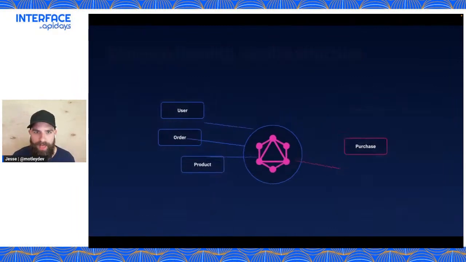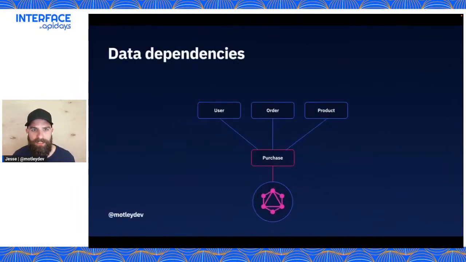But if you look at this, there's a dependency that purchase has that actually needs to be accounted for. Because if we go ahead and actually look at purchase specifically, well, purchase actually needs to read from user, order, and product. And so what if I could just use that same API to say from inside of purchase, I'm going to step out, grab user, order, and product, and pump it back in?